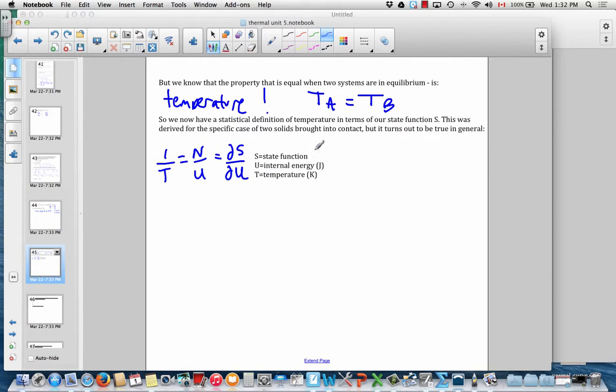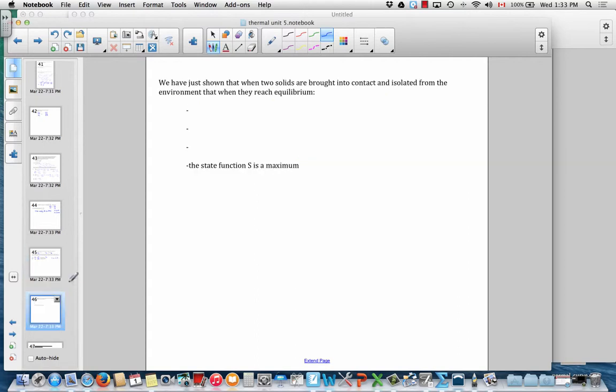And because this S function has the same units as the Boltzmann constant, joules per Kelvin, when you divide by joules, you get reciprocal Kelvin, and that's why we write it as 1 over T. Well, that's interesting. Temperature now has a firm basis in physics with this statistical definition.